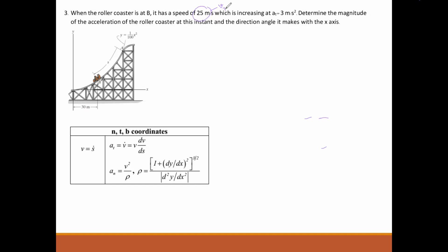And also for the acceleration, when you drive the car and you accelerate, you can only accelerate tangentially. You cannot accelerate the normal acceleration. Normal acceleration is to change direction.